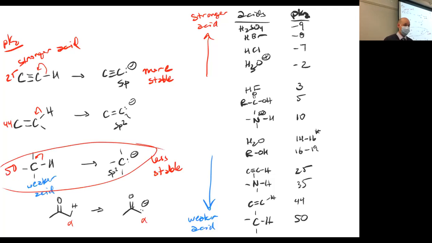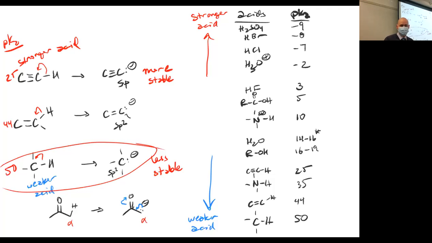And what does that let you do? Resonance. Not just resonance, but resonance pulling those electrons up to an O minus. So because of that resonance, this CH is close to the same acidity as actually an OH. Since an OH would give you an O minus, this gives you a C minus that can turn into an O minus.